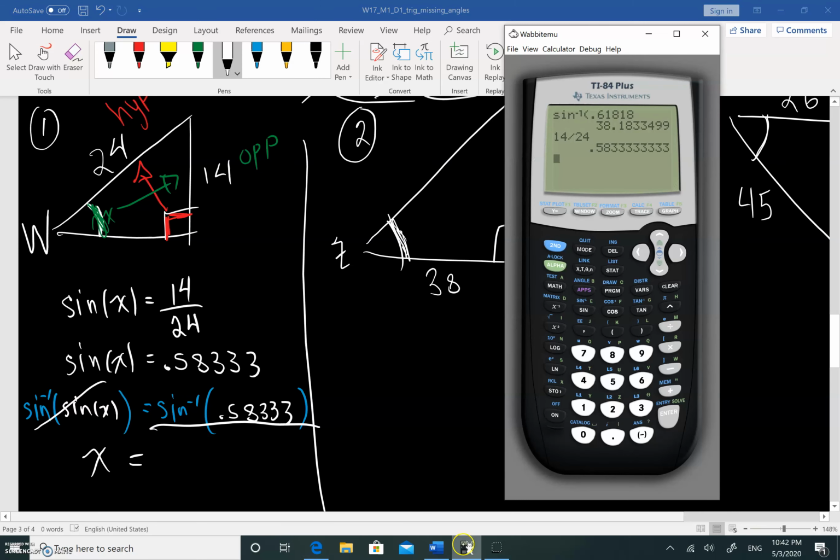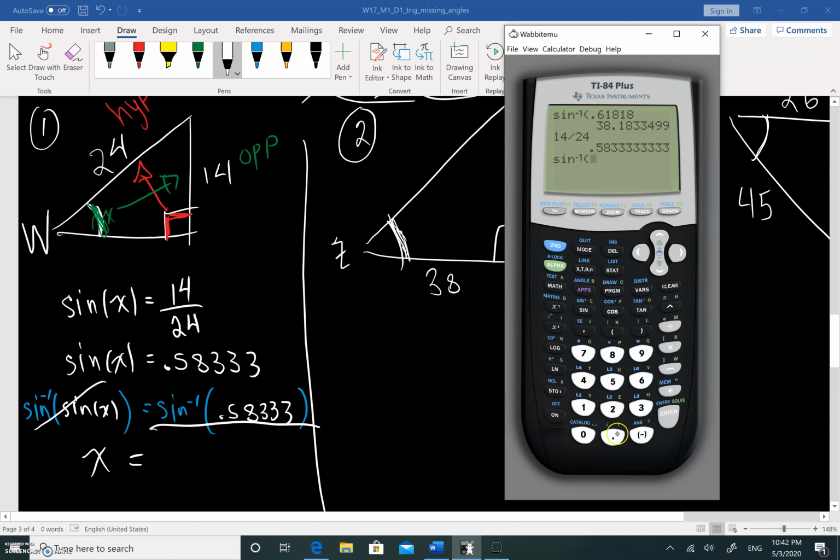So we go to our calculator. Remember, to get the inverse, that's going to be this blue on top. So we click second. Make sure that you have the power -1 here, and now you put your decimal.